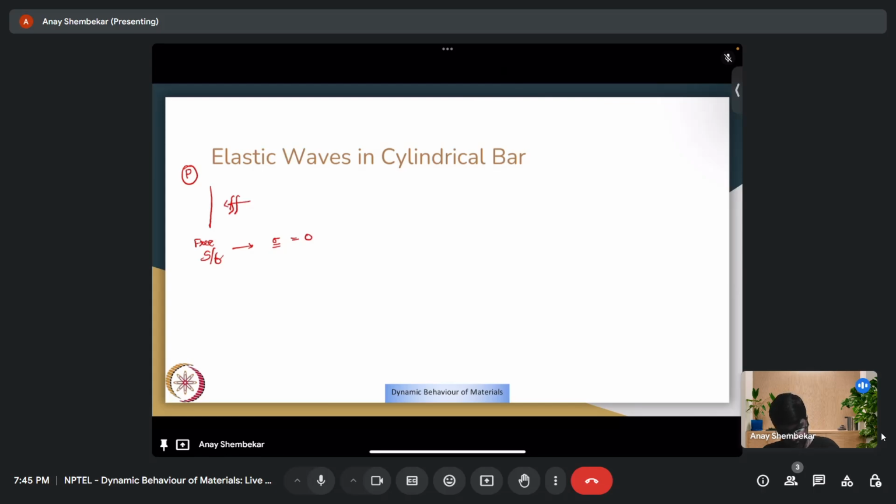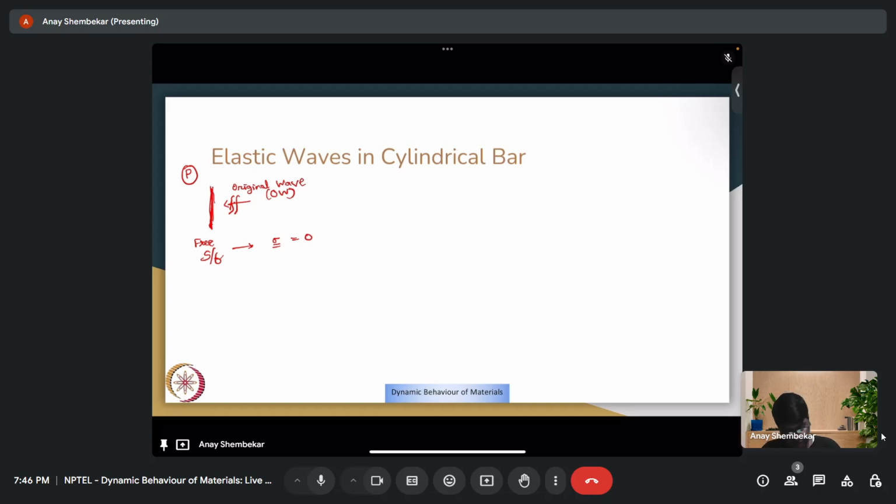This is my original impact wave, original wave. I'll write it as OW, coming out from impact. Once it touches this free surface, to balance out this compressive stress, a tensile stress will be generated here at the surface.